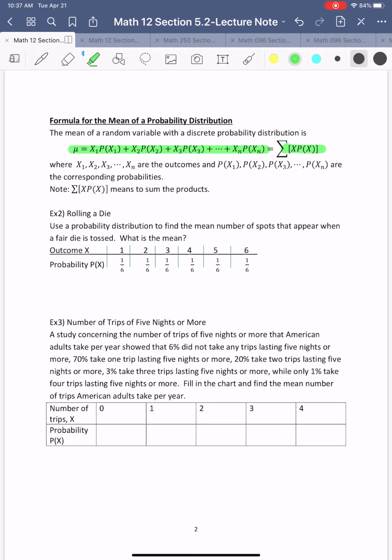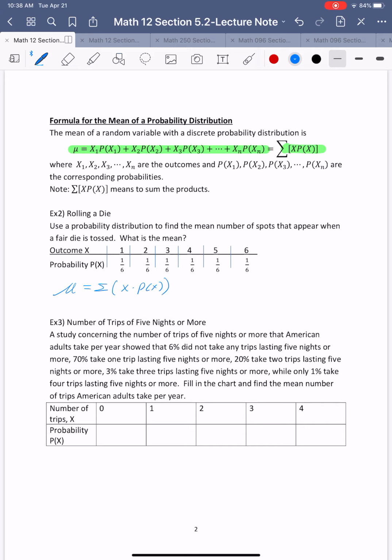Alright, rolling a die. This time, use the probability distribution to find the mean number of spots that appear when a fair die is tossed. Getting 1 is 1 out of 6, getting 2 is 1 out of 6, 3 is 1 out of 6, up to 6. In order to get the mean, it will be sigma of x times p of x.